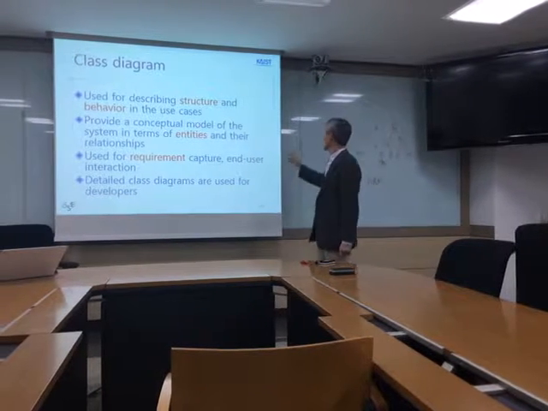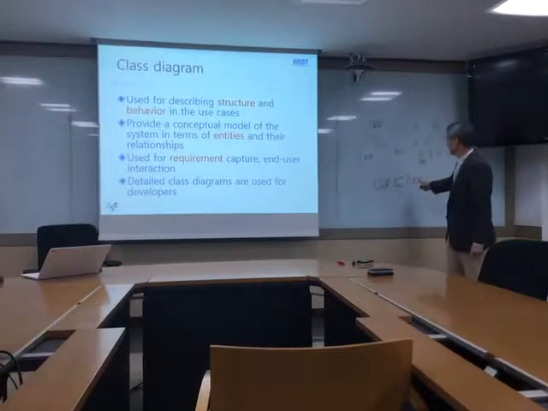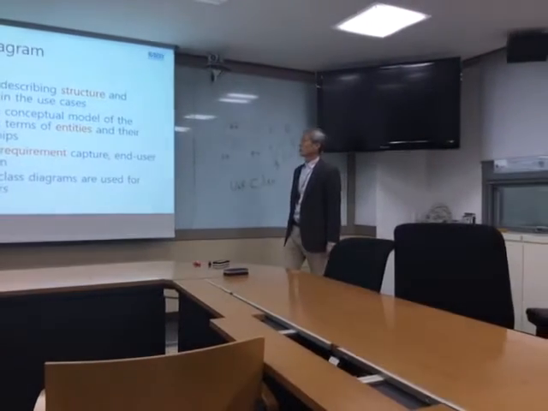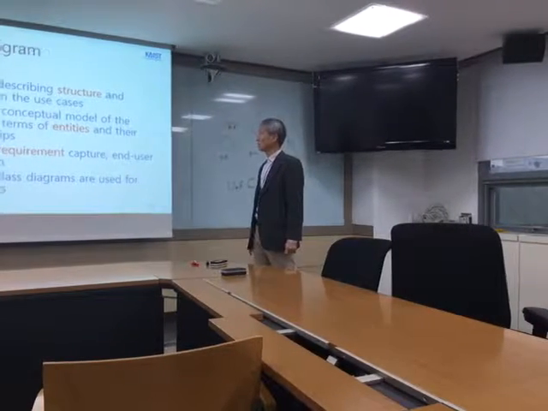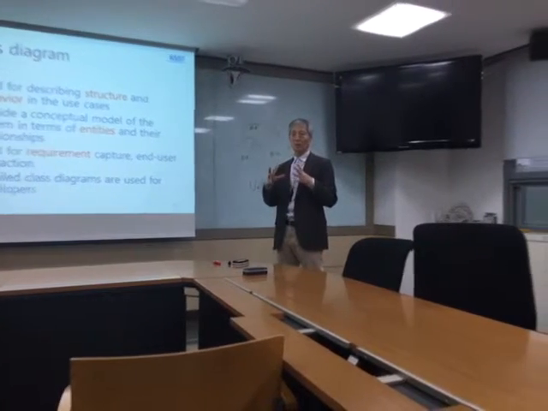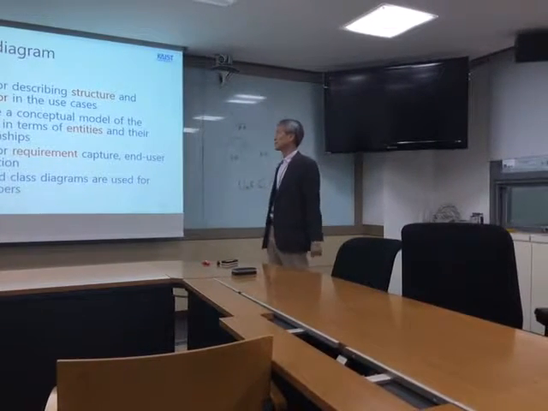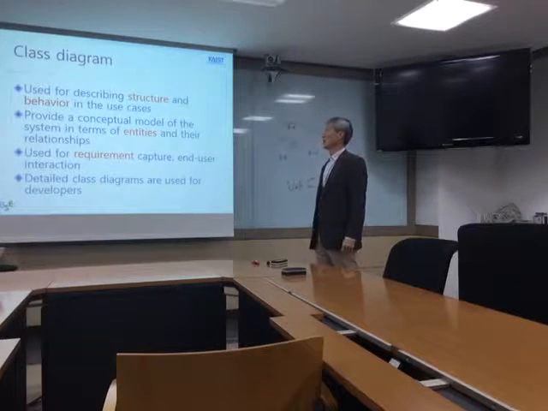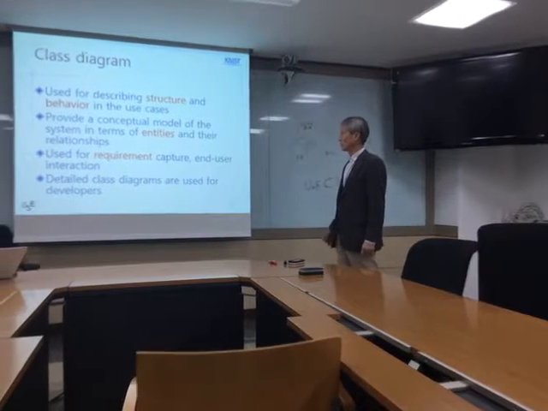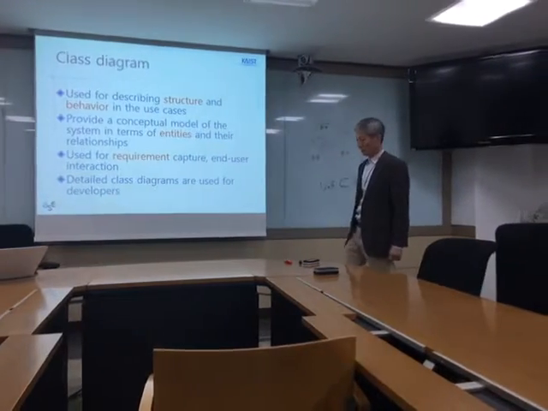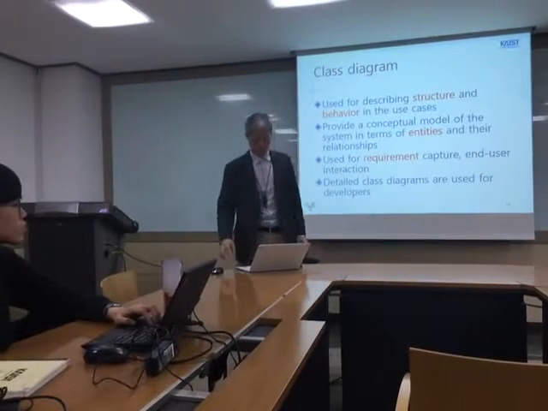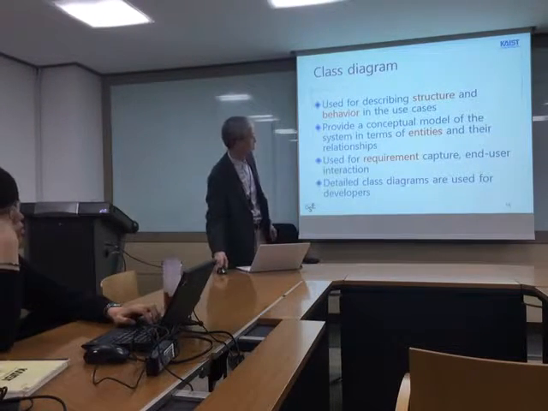And this is also related to the ARM, unit of functionality. It describes the structure and behavior of that object. That object is a car or human or ship. And it also has entities there. So it is used for requirement capture. And there are also detailed class diagrams, with more details.